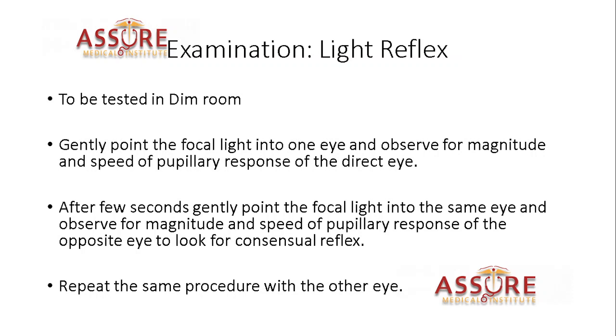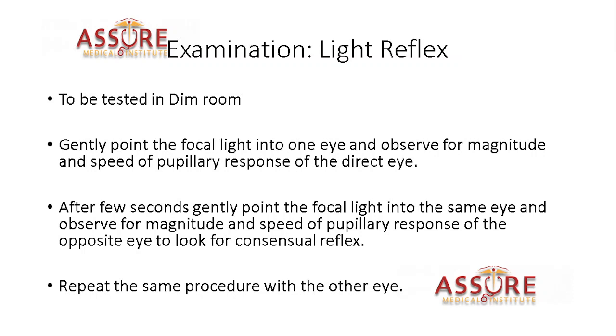For example, you are flashing a light into the right eye, so we observe the right eye for the pupillary response. What you observe is whether the pupil is contracting, and if it is contracting, what is the magnitude and what is the speed.